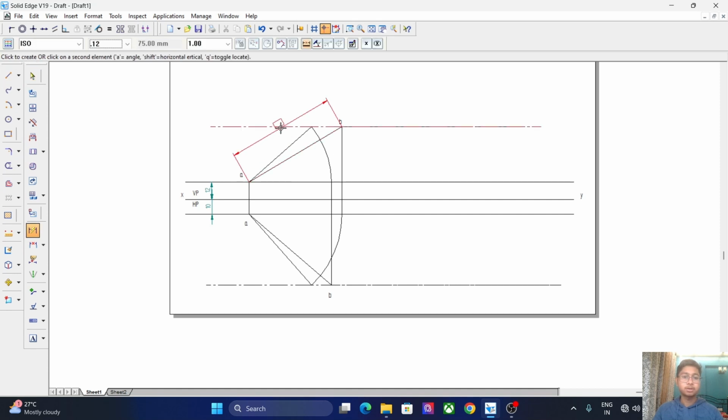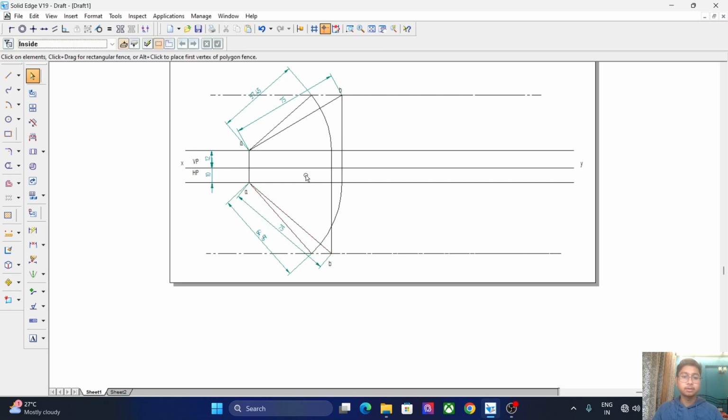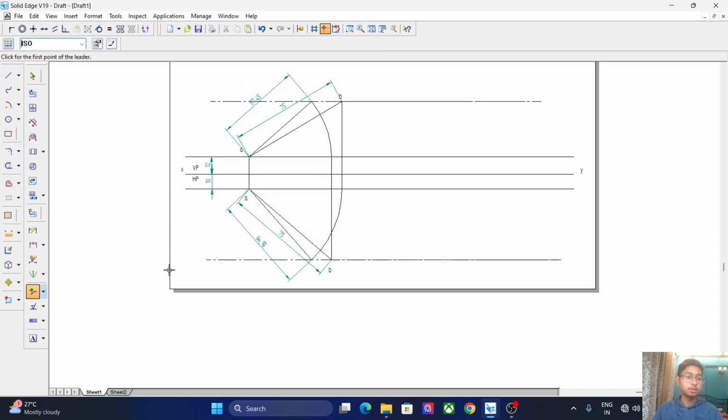By using smart dimension, we can see the length of both of them. Okay, so the apparent length is 57.45 for the above HP, and for the below VP we have 64.95. We can mark the arrow in the direction we have drawn.